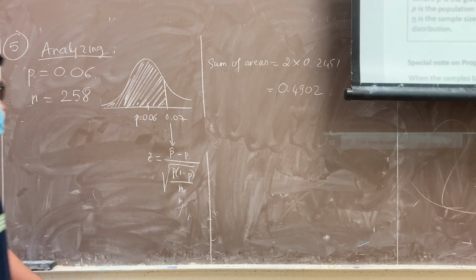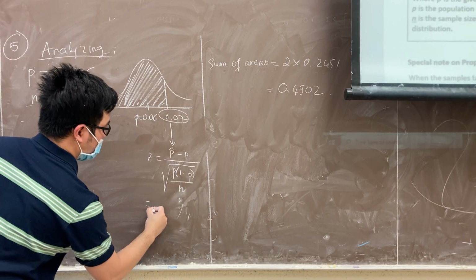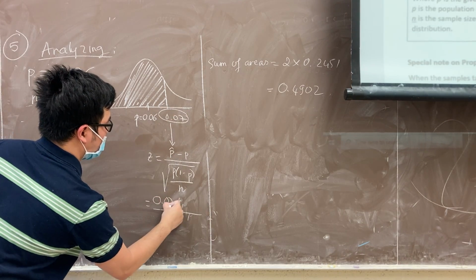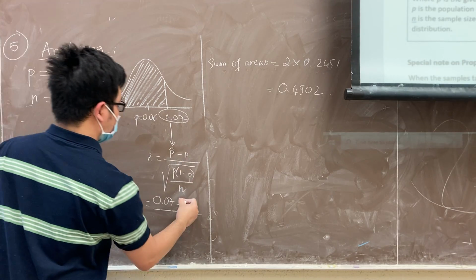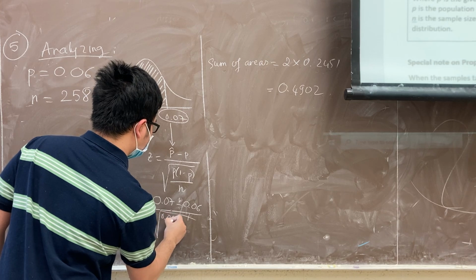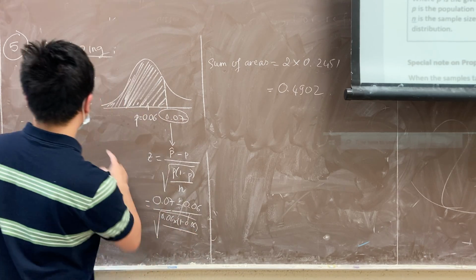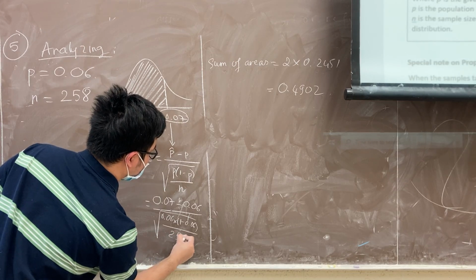The p hat here is exactly this number. So this is 0.07 minus 0.06 over the square root of 0.06 times 1 minus 0.06 over n, where n here is 258.